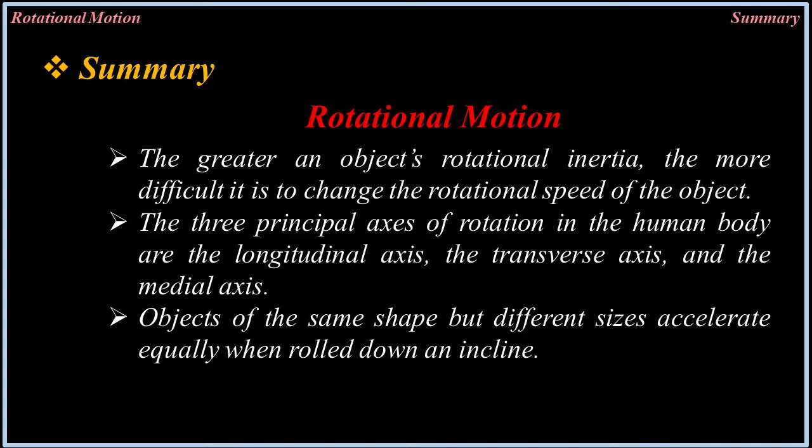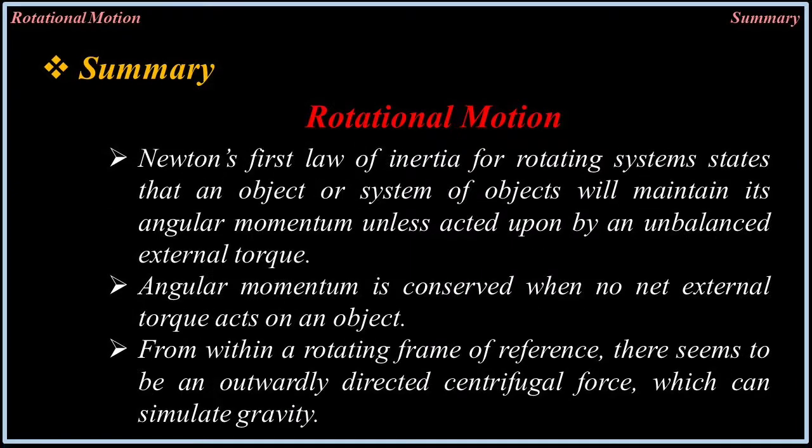Rotational motion. The greater an object's rotational inertia, the more difficult it is to change the rotational speed of the object. The three principal axes of rotation in the human body are the longitudinal axis, the transverse axis, and the medial axis. Objects of the same shape but different sizes accelerate equally when rolled down an incline.